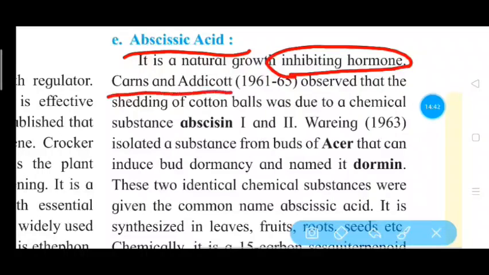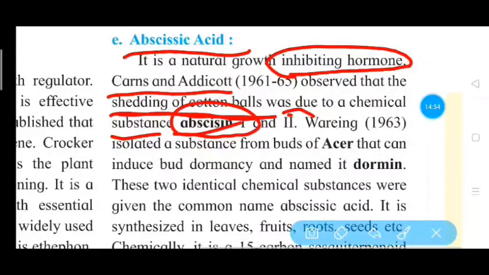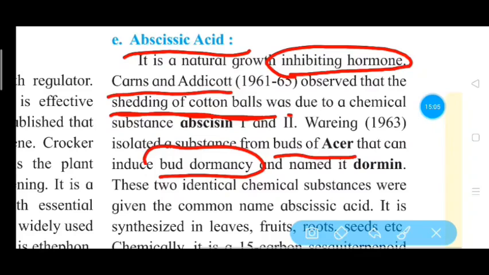Cairns and Addicott observed that the shedding of cotton ball was due to the chemical substance abscission first and abscission second, wherein another group isolated the substance from the bud of Acer that can induce the bud dormancy and named it dormin.